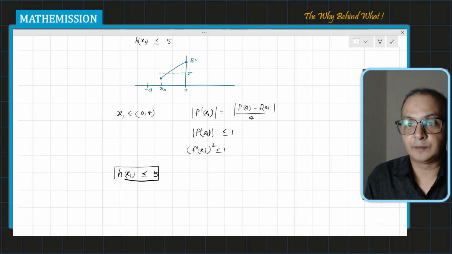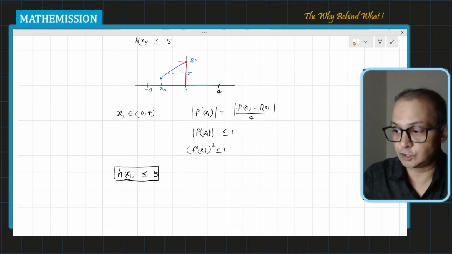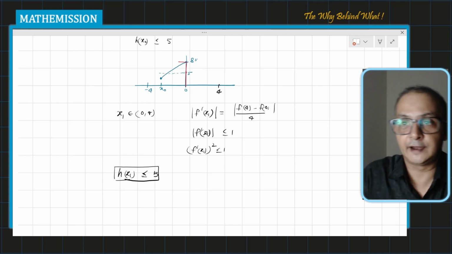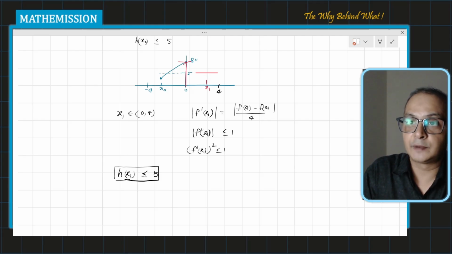So what is happening here between 0 and 4 is that 85, the value at 0, is not necessarily the maximum value of the function, but after attaining 85 at 0, it has to attain some value lesser than 5 between 0 and 4. Let's say this is x1 here. So it has to come down to attain this value there.